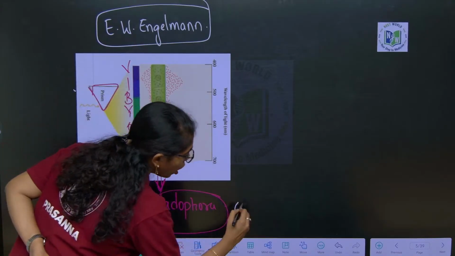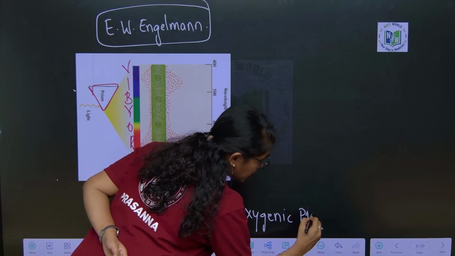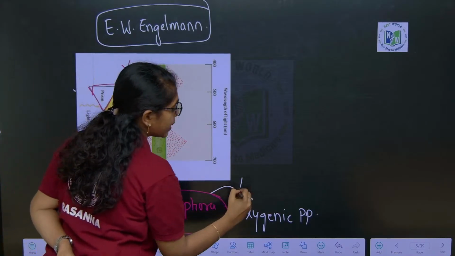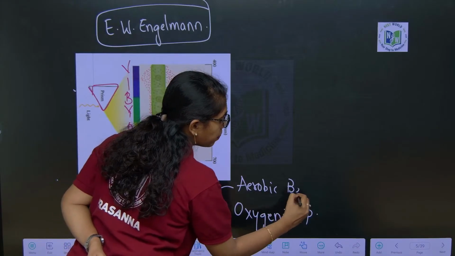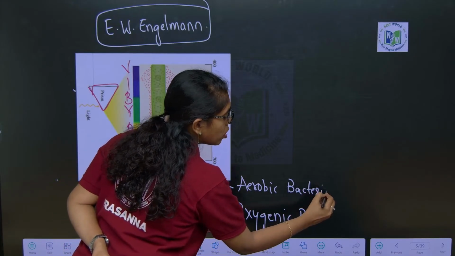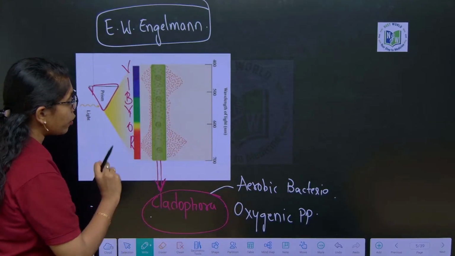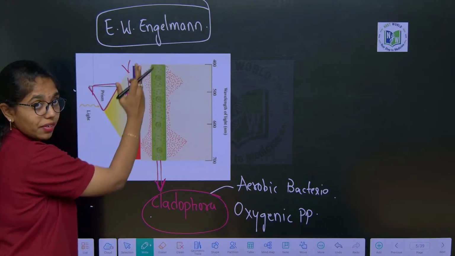Cladophora conducts oxygenic photosynthesis, wherein over this Cladophora aerobic bacteria are placed.